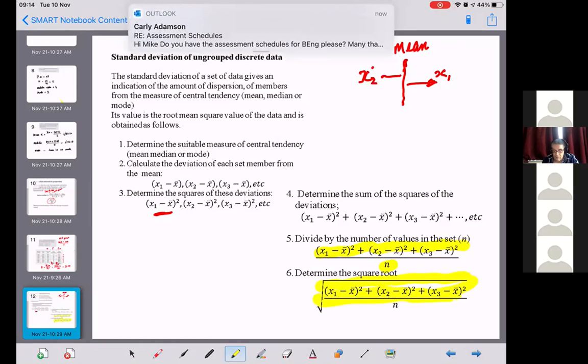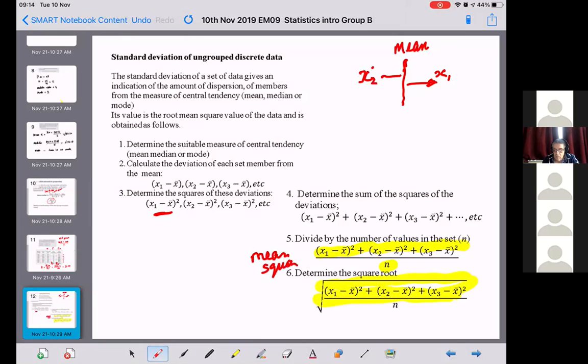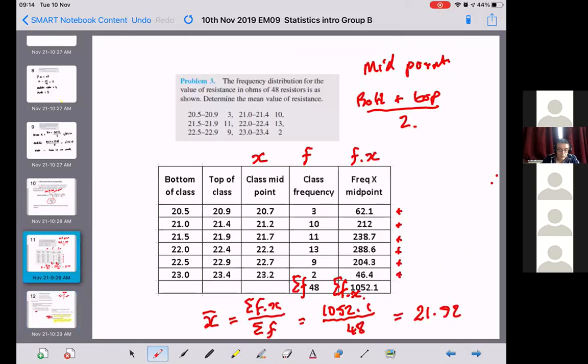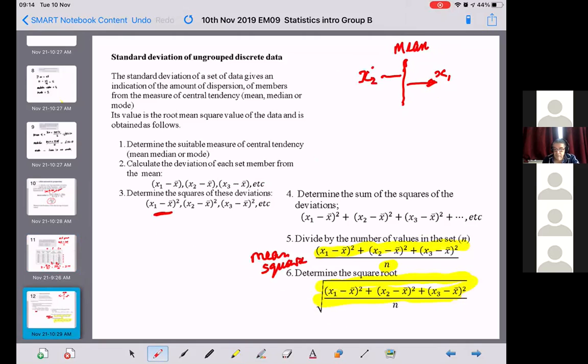This bit gives you the mean square, and then we take the square root of that. That's quite a lot to take in, but it's the process to go through. Measure central tendency, and we're going to use the mean. Calculate the deviations from that, square them, add them all together, divide by the number of values in the set, and take the square root.